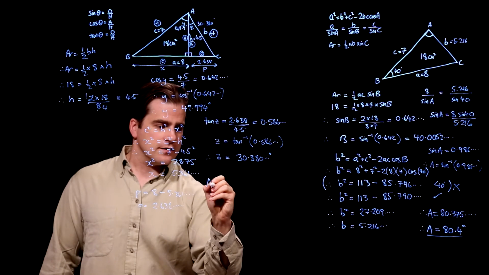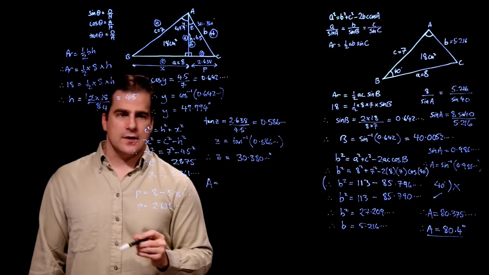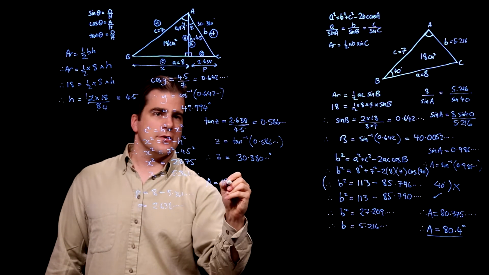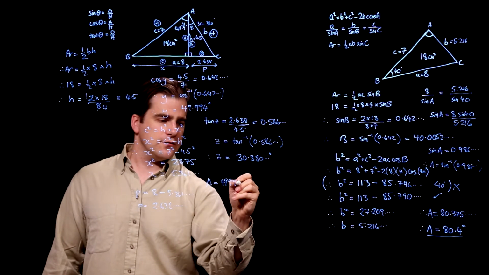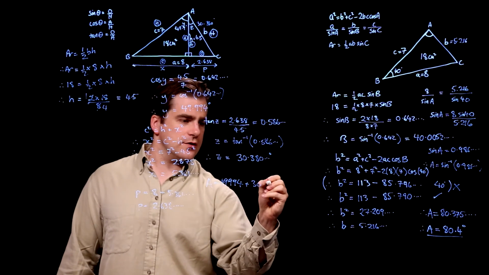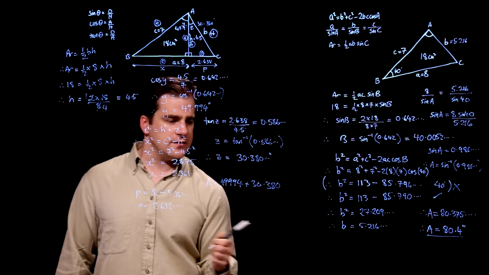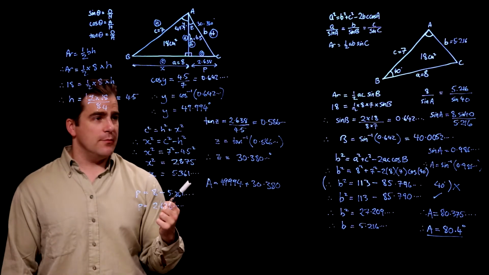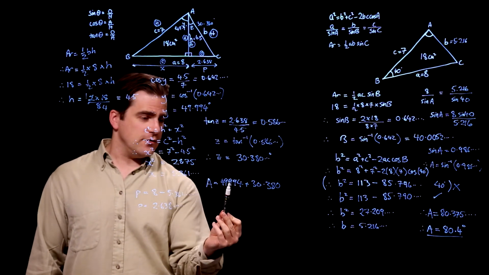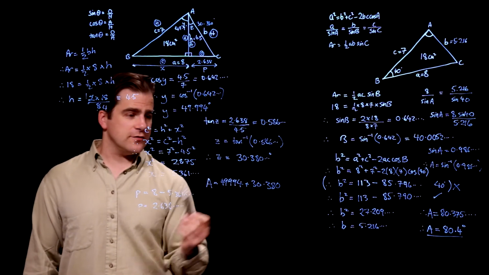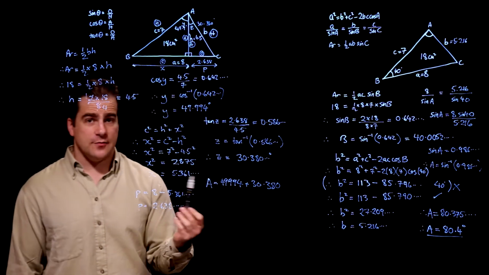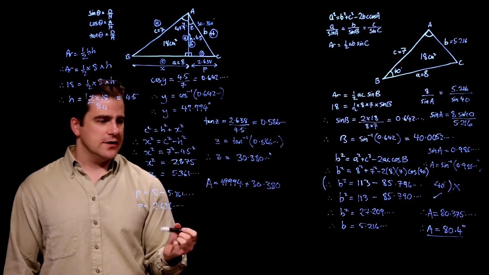So A is 49.994 plus z, 30.380, and this is where your memory recall and mastery of your calculator skills is important, because if you are not using the exact values of these, it's possible that you end up with 80.3 or 80.5 instead of 80.4.